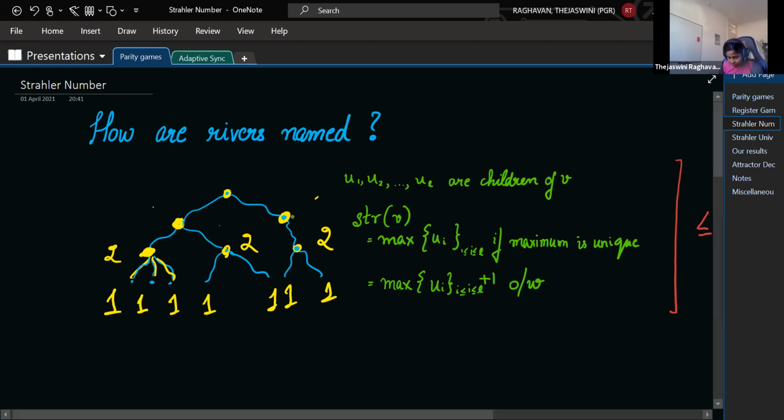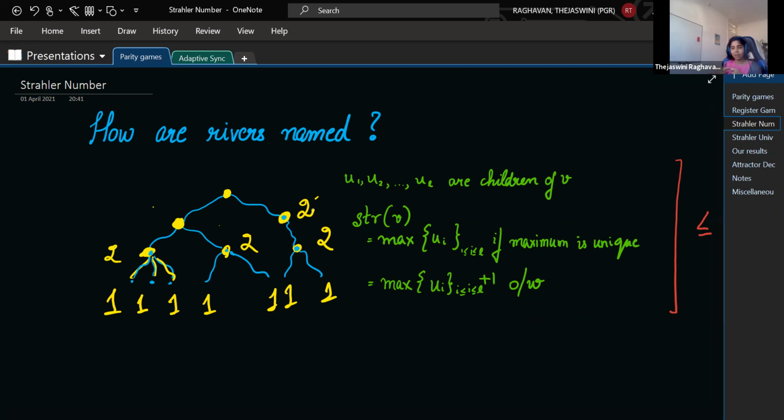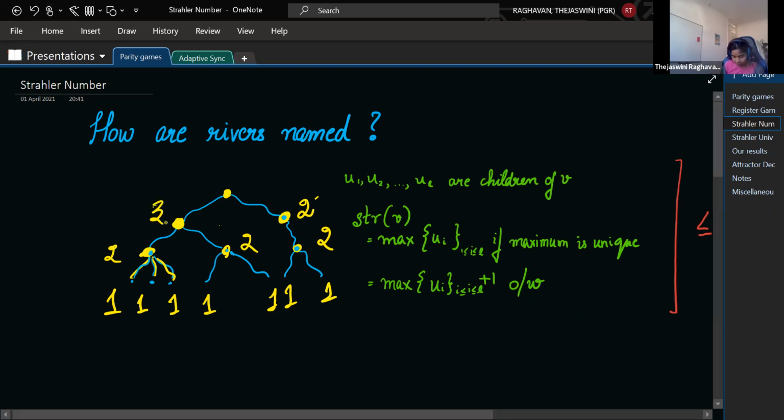Whereas over here, this node also gets Strahler number 2 because it has only one child, so its maximum Strahler number of children is unique. So it doesn't have the plus 1. Whereas this one would get 3 because it has 2 children and the maximum is not unique. So the Strahler number of the whole river system, on the top, would be 3.